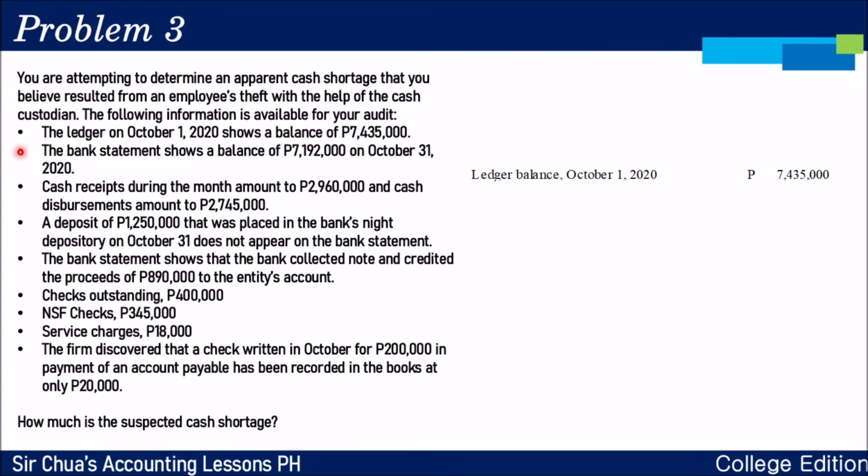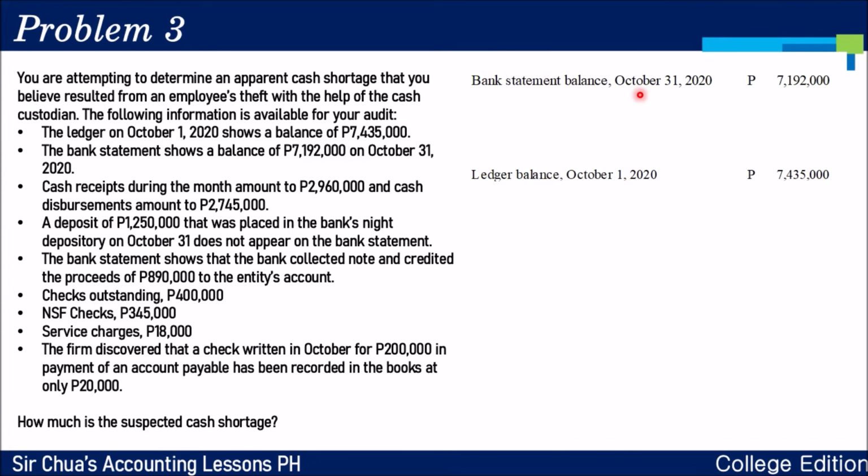So, lista din po natin na ang sabi naman daw po sa bank statement, ang balanse ng ating pera ay 7,192,000. Kaso, comparable po ba sila? Hindi. Dahil, ang ledger balance pong information natin ay October 1, pero yung bank statement balance natin October 31.